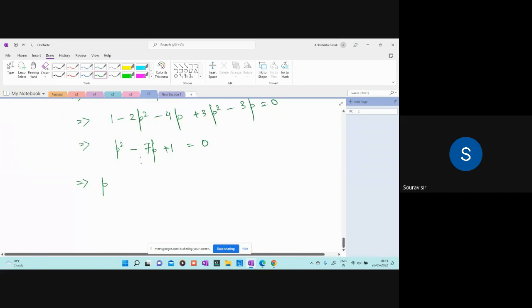If you can solve this, you will see. Okay, first you try this, then I will tell you. Okay, I hope you will be able to solve.